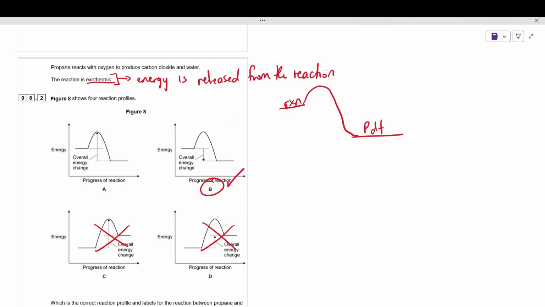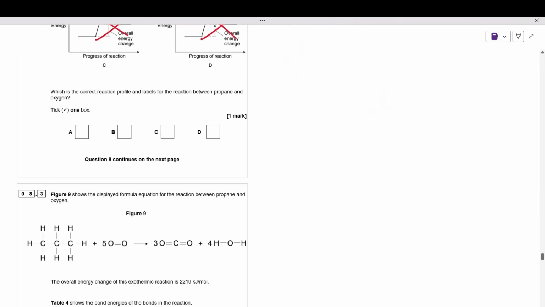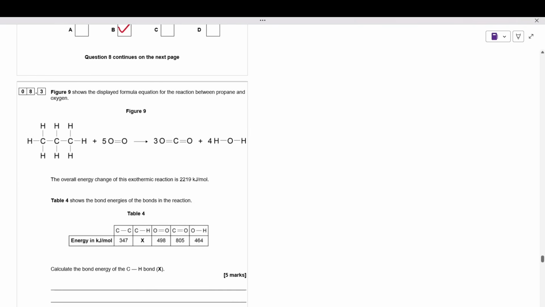Please pay attention to the direction of your energy change arrow. The energy is moving from where we were at the reactant to where it ended up at the product. The answer is B. There we go.